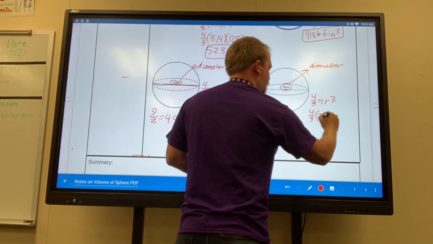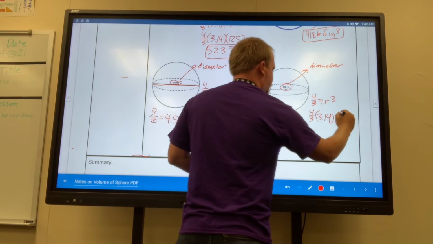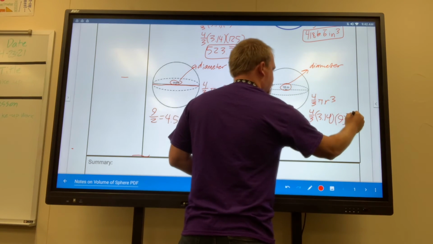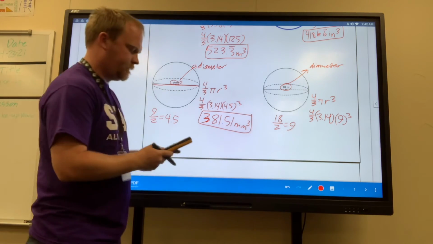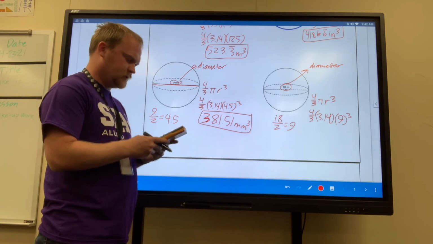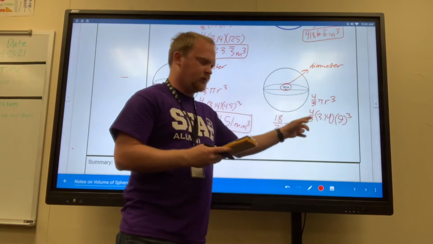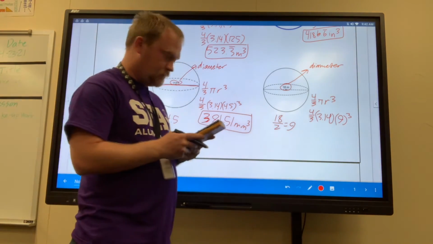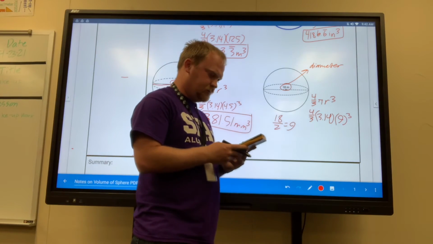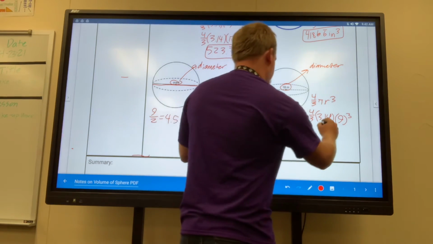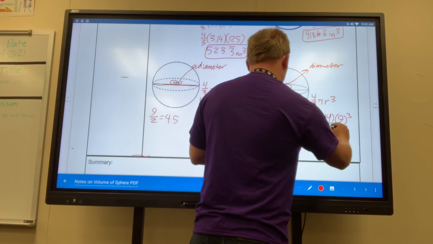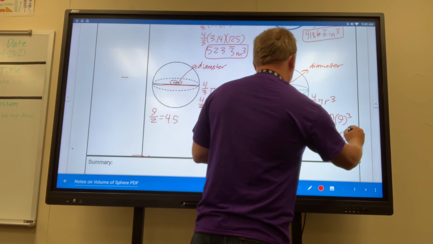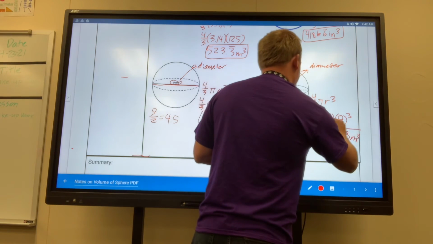Just replace pi with 3.14, replace r with 9. Multiply it out. So I'm doing 4 over 3 times 3.14 times 9 cubed. And that gives me 3,052.08 meters cubed.